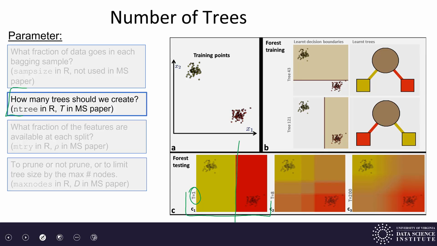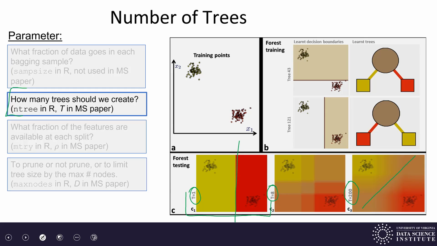And so we can see the accuracy is going to be 100%, but it doesn't give us a good sense of the probabilities and the drop as you go from red to yellow. When we use 8 trees, we get some nice gray regions. And when we use 200 trees, you see we've learned something reasonable.